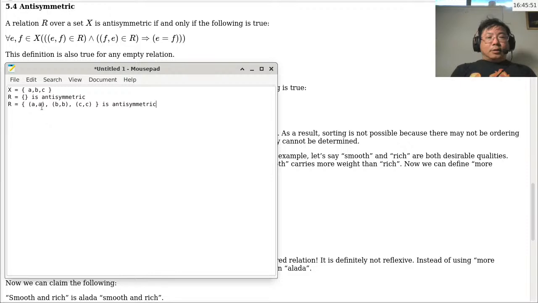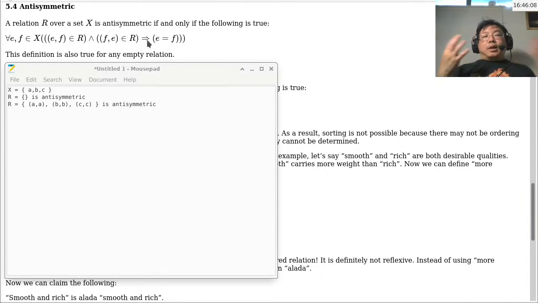Because given these three elements, we don't have to worry when any component of the conjunction is false, because for those cases, the implication is going to be true. So the only cases we have to think about are when the left-hand side of the implication is true.